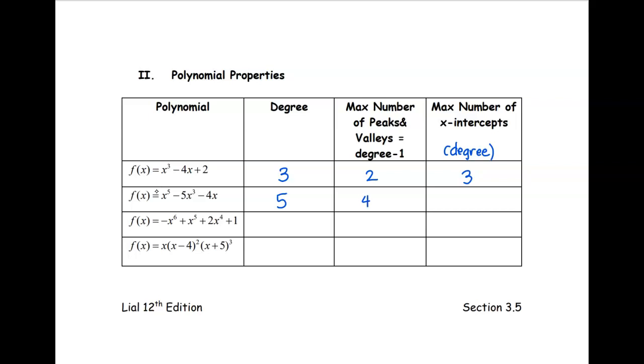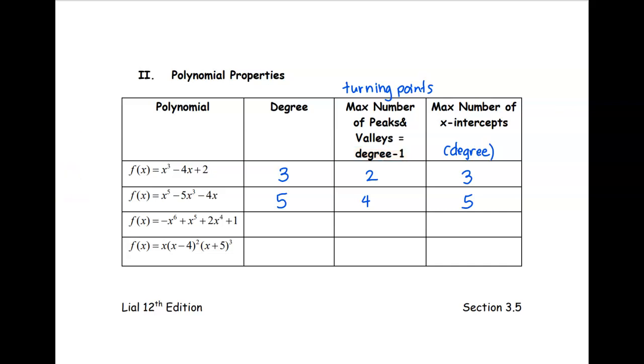That's degree minus 1. And then the maximum number of x-intercepts is also equal to 5, the degree of the polynomial. Now let me emphasize this. The peaks and valleys are sometimes called the turning points in the graph. That means that the maximum number of turning points in the graph is just equal to the degree minus 1.